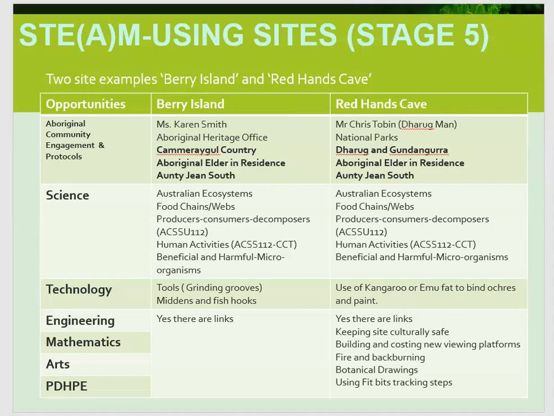But we're going to have a look at Berry Island because Berry Island will be the site we are looking at in terms of geography and science and tools, technology, engineering, and what are the sorts of things that we can discuss as teachers trying to use an Aboriginal site as a land-based education experience.